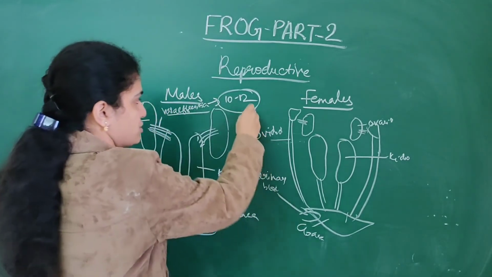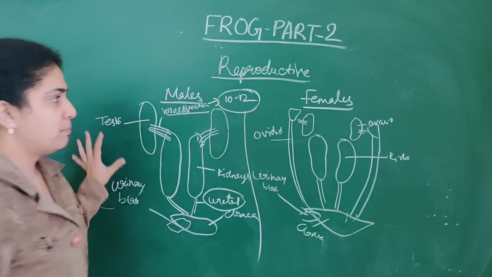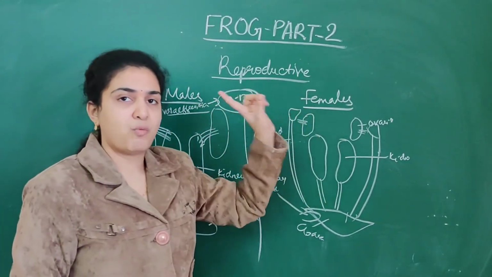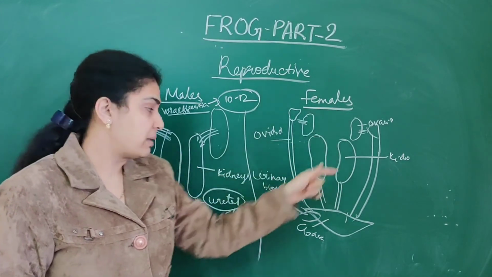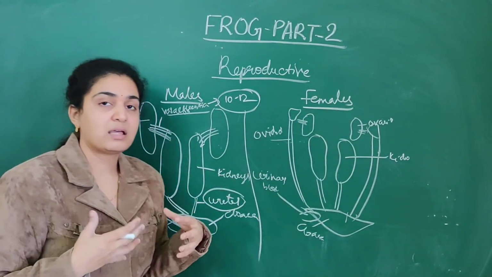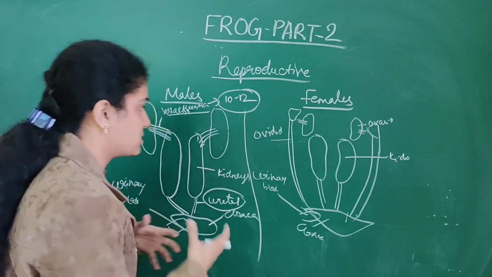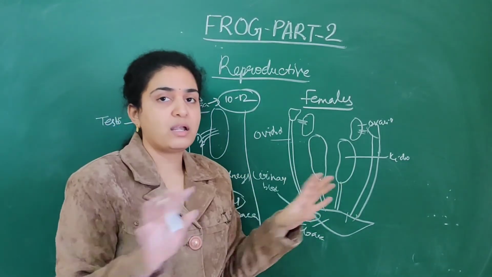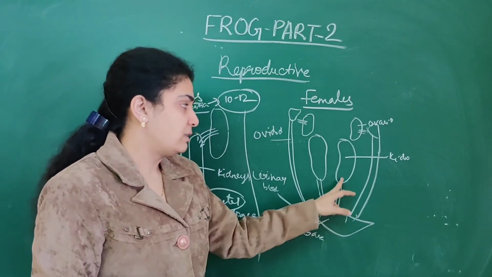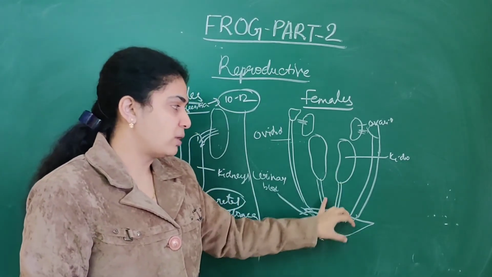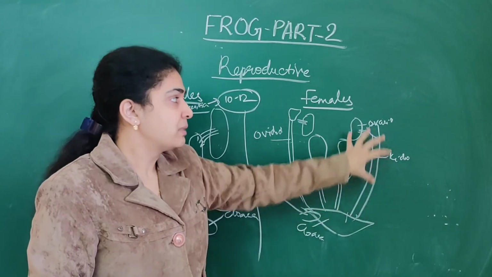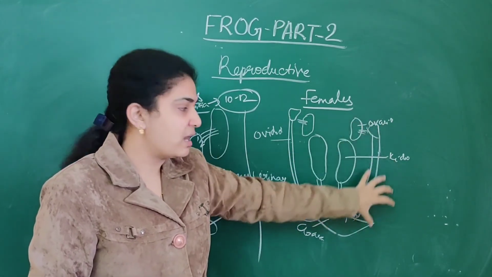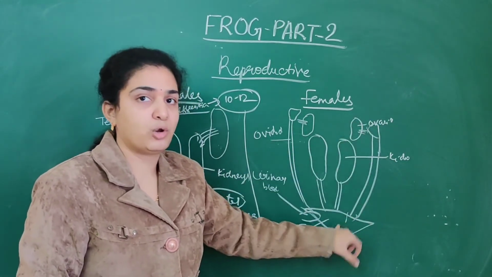Simple difference which you should remember here. No need to get confusion. See, this is in males, this is in females. The one point which you should remember is ureter will act as urinogenital tract in males, whereas in females ureter is not acting. Here through kidneys ureter is opening separately, as well as ovaries, oviducts are opening separately into cloaca.